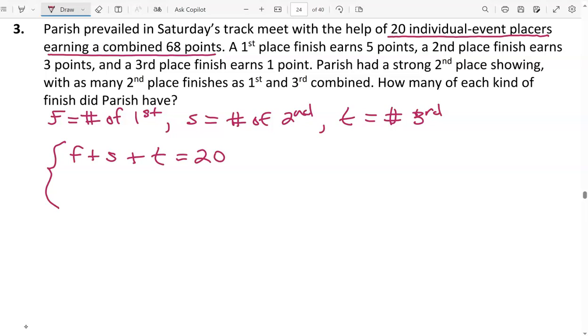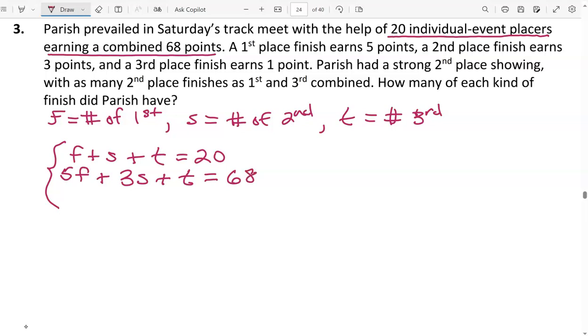And then the next piece of information that we have is that their point total is 68 points. Well, each first place finisher earned 5 points. So 5 times the number of first place finishers is the number of points earned by the first place finishers. The second place finishers each earn 3 points, and the third place finishers earn 1. So 1 times t is t, and that total should equal 68 points.